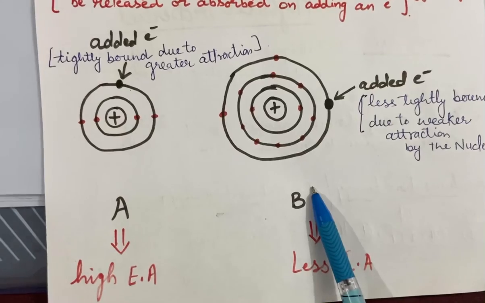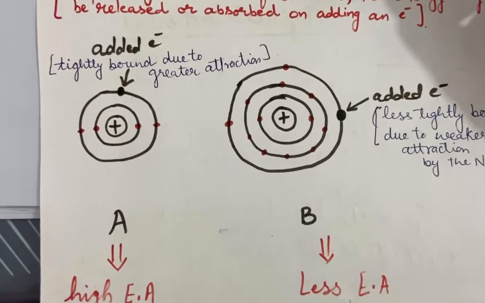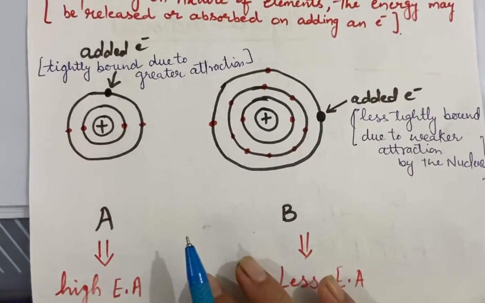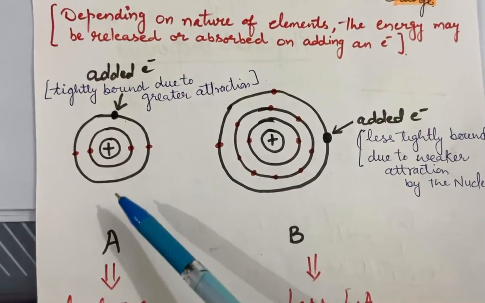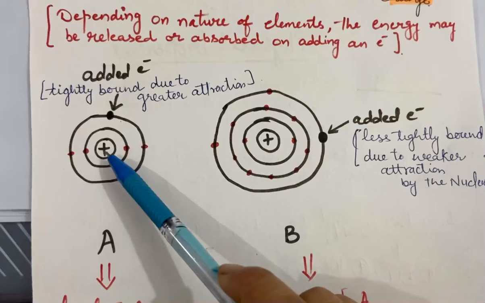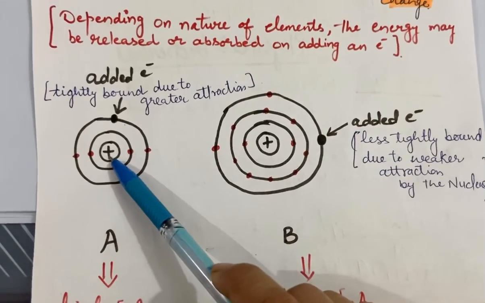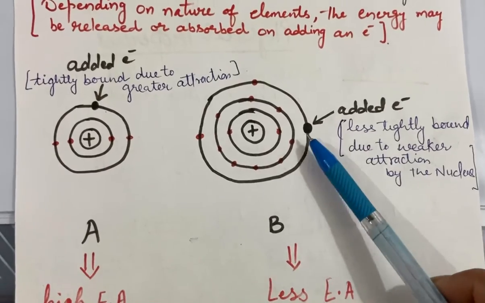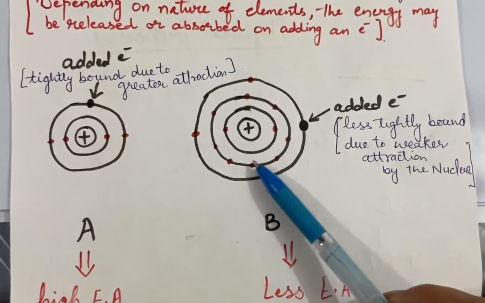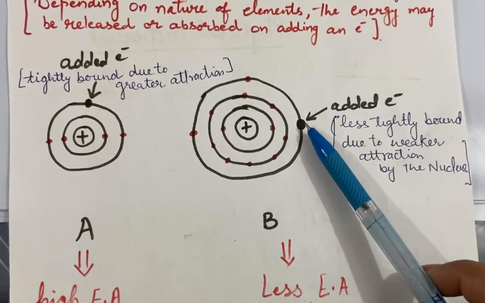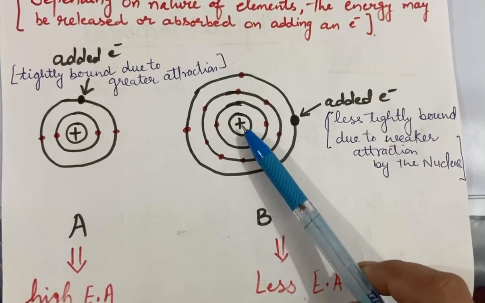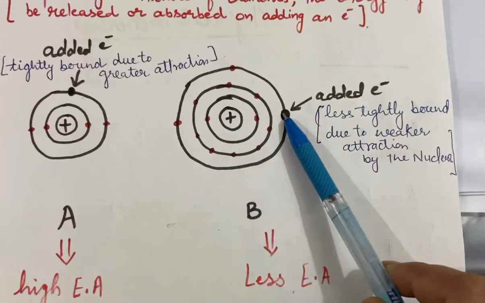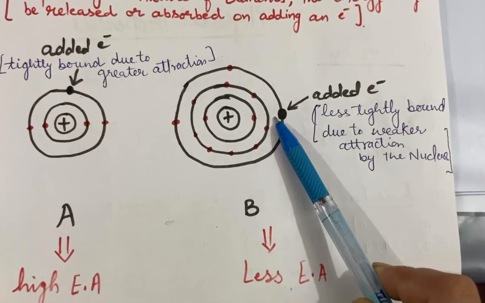B atom is larger. So when we add an electron to a smaller element, there will be a strong force of attraction between the nucleus and the added electron. But in the case of a larger atom, since there are inner shells also between the added electron and the nucleus, there will be a weaker force of attraction between these two.